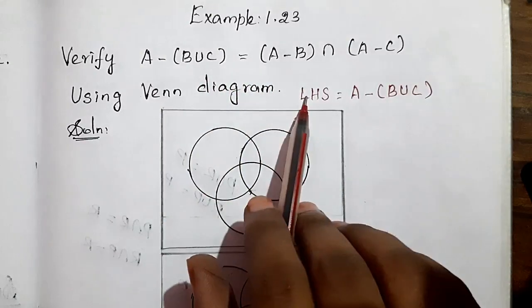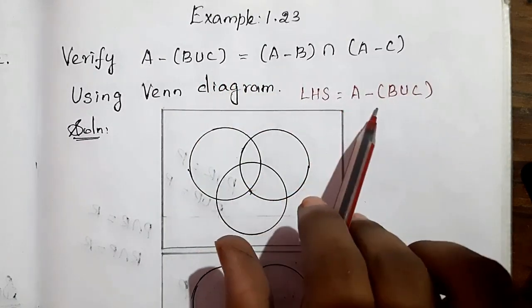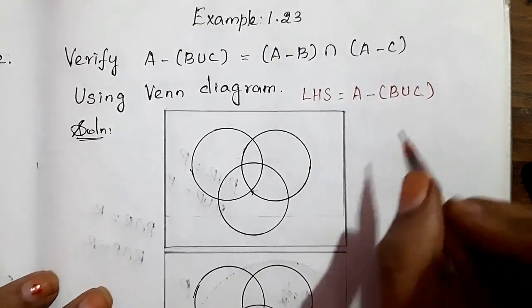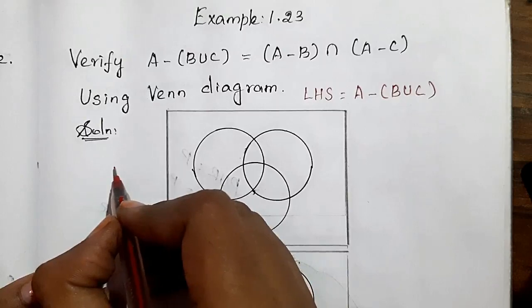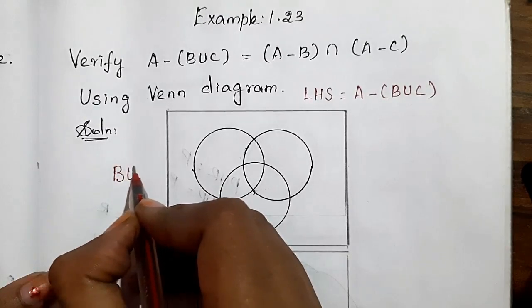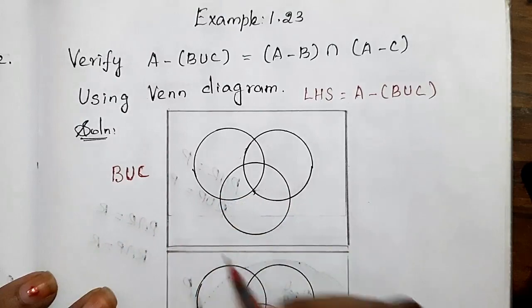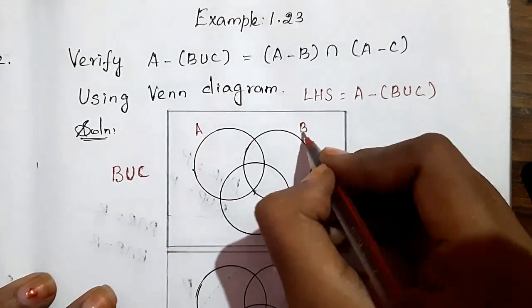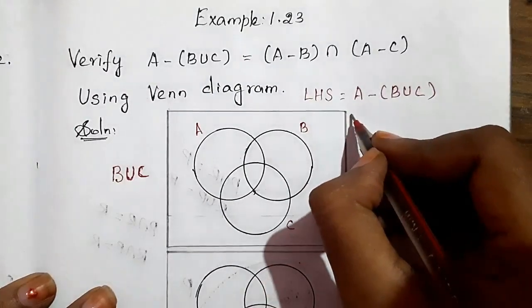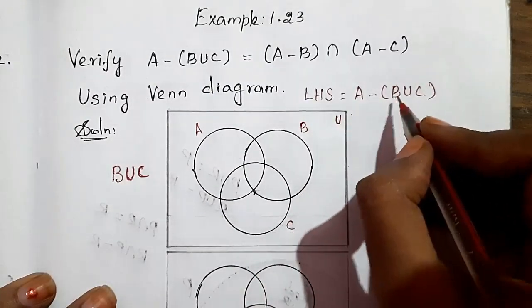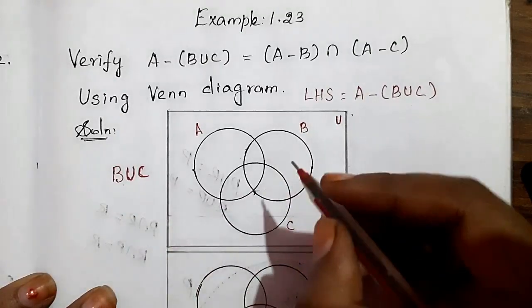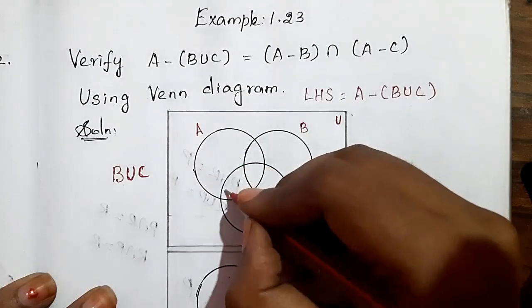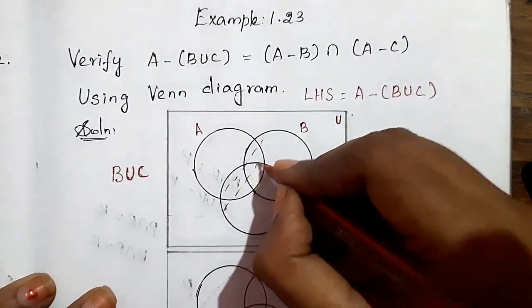For that I took the LHS, A minus B union C. So first we are going to draw B union C. This is the Venn diagram for B union C. First we can consider the set A, B, C. This is the universal set. Where will it come? It is B set, it is C set. So altogether B and C, we can shade the B and C.